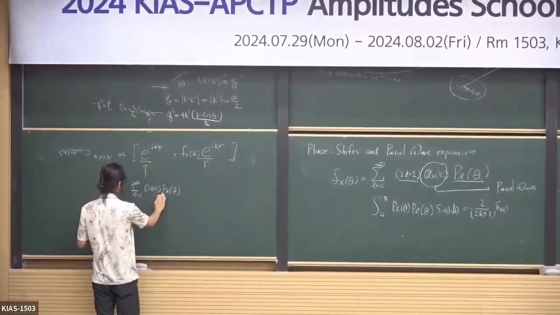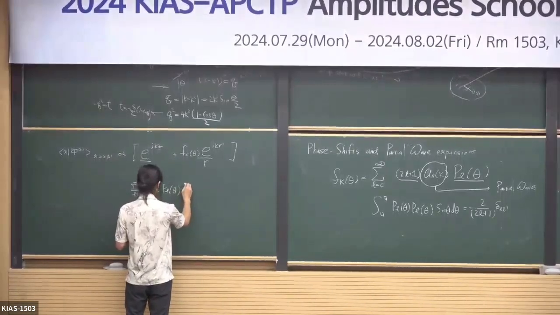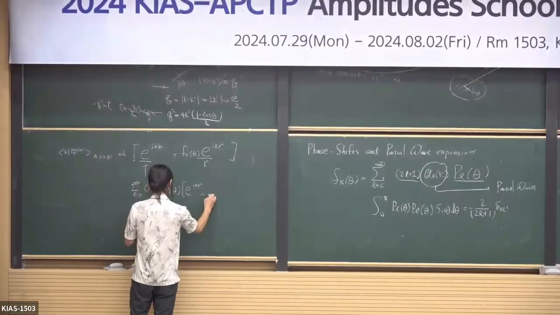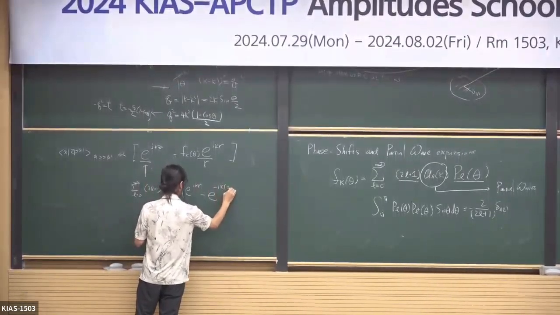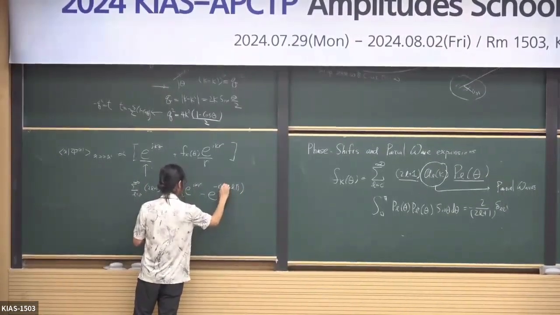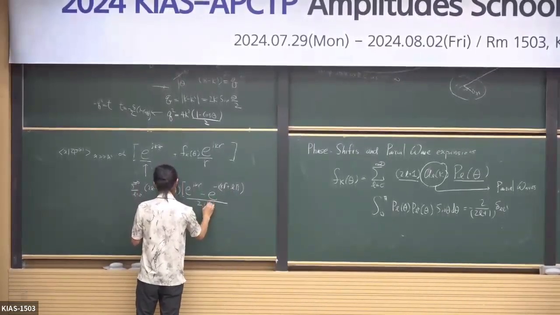If you expand it on the Legendre polynomials, the exponential ikz gets an expansion that takes this form: sum over l from 0 to infinity, exponential ikr minus exponential minus ikr plus l pi, divided by 2ikr.